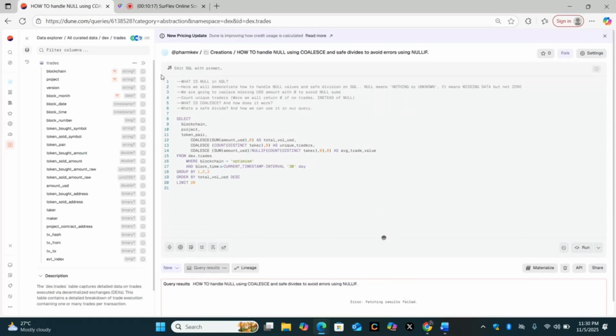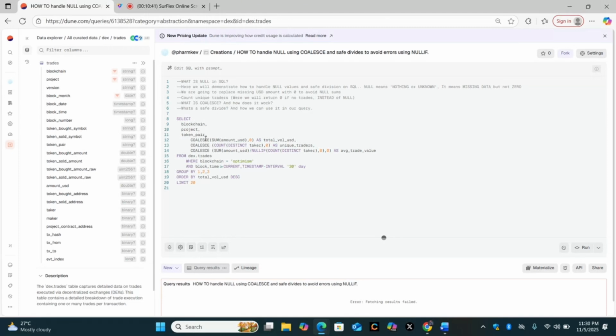So let me explain this, okay? Now we actually want to know what this COALESCE is. So what does this COALESCE do? COALESCE converts every possible null in a column.